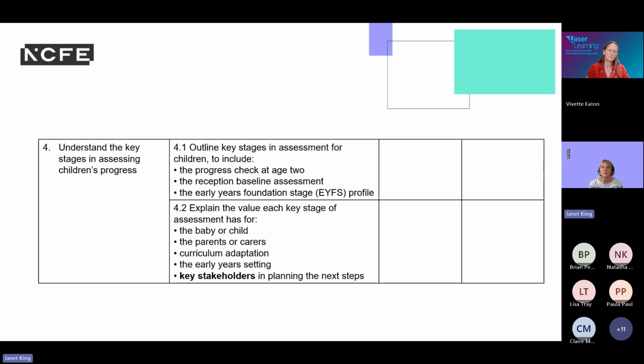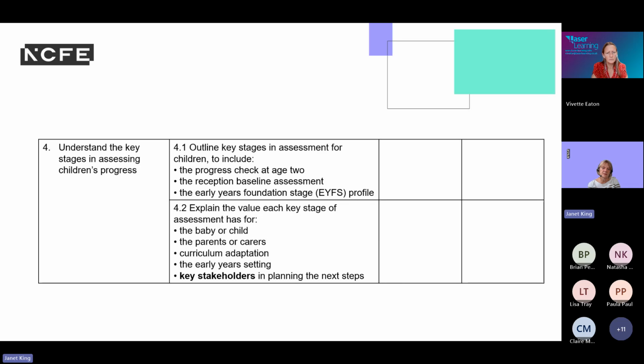So when you're doing 4.1, your discussions certainly can be around all of these different key stakeholders for planning the next steps. The key stakeholders here are going to be the parents, the carers, your other colleagues that you might be working with, that might be other professionals as well, and of course the children.